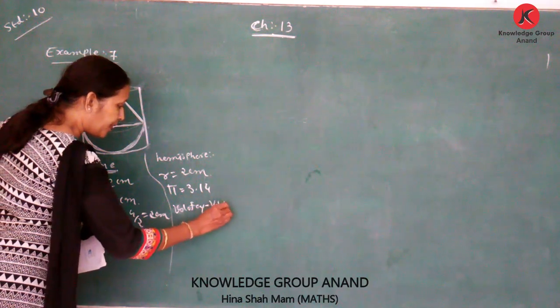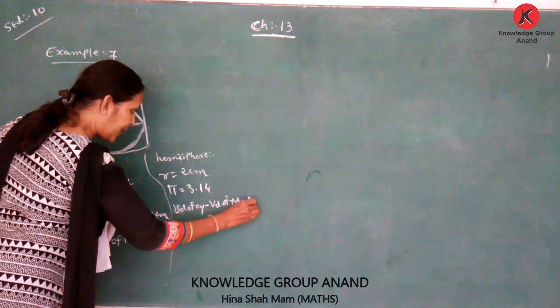Take pi as 3.14. Here we find these things.